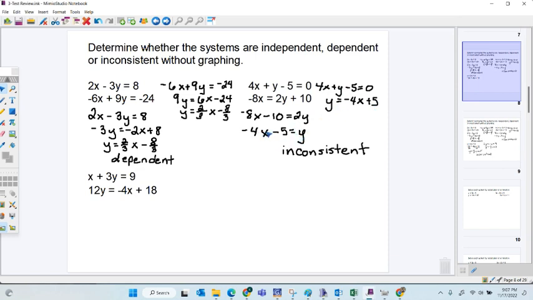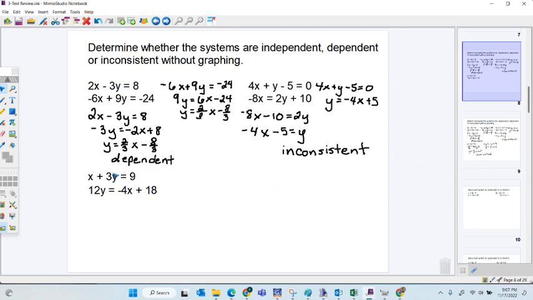Solve this one for y, and we get y equals negative 4x minus 5. Same slope, different y-intercepts. That means the lines would be parallel, so it becomes inconsistent, which means no solution. This one, again, solve for y.